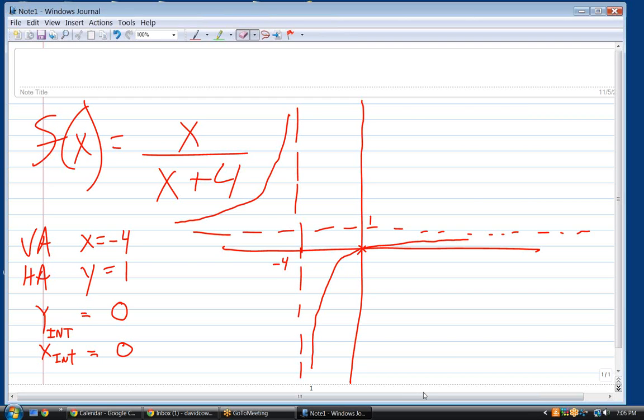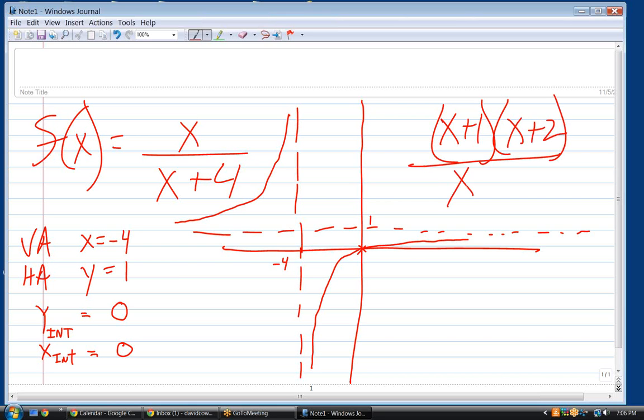If you have something like x plus 1 times x plus 2 over x plus 1, it looks like we would have a vertical asymptote at x equals minus 1, but that whole thing gets crossed out, leaving x plus 2 as the function, but not quite. There still is the condition that x cannot be equal to minus 1, and that's where the hole comes in, not a vertical asymptote.